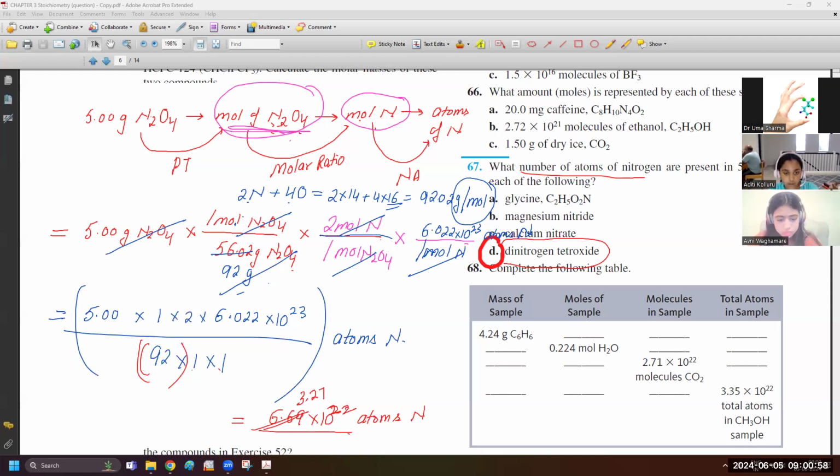It's not letting me download. Can you check again? Because I'm getting this. What's the problem with you, Aditi? What happened? I got 0.326 times 10 raised to power.